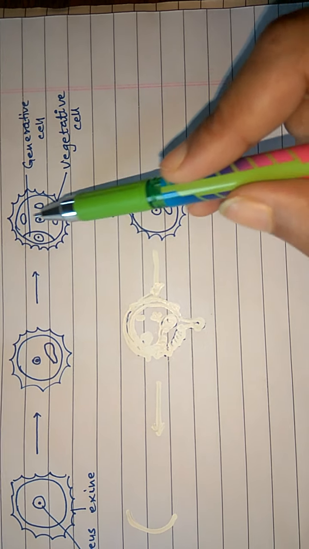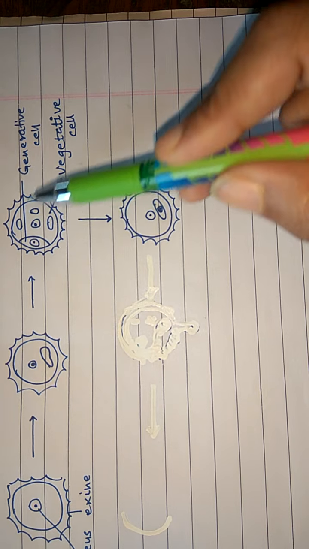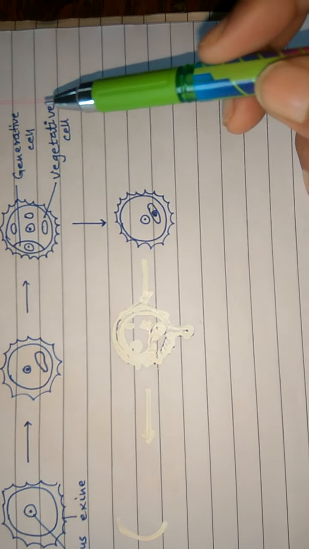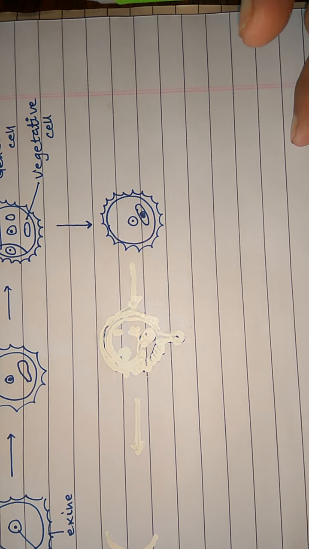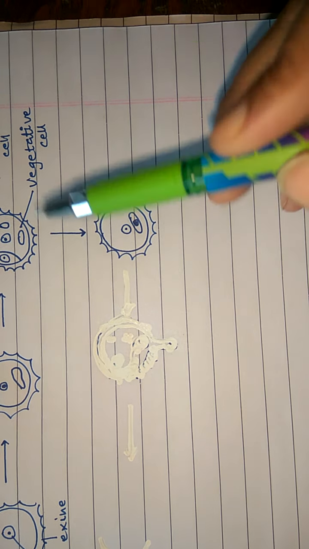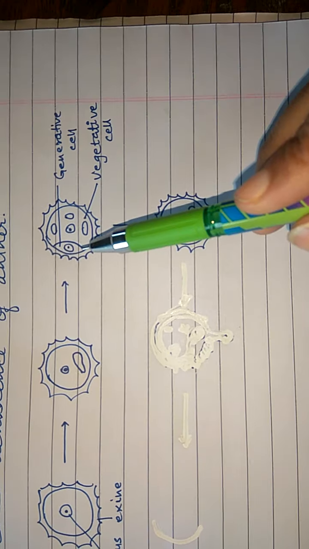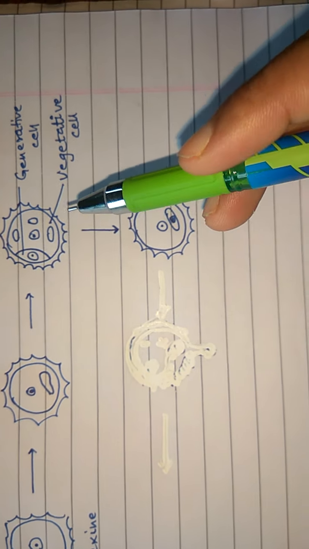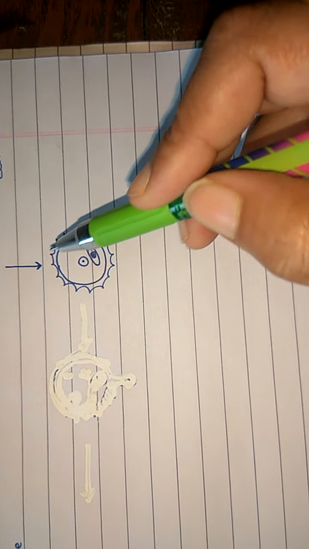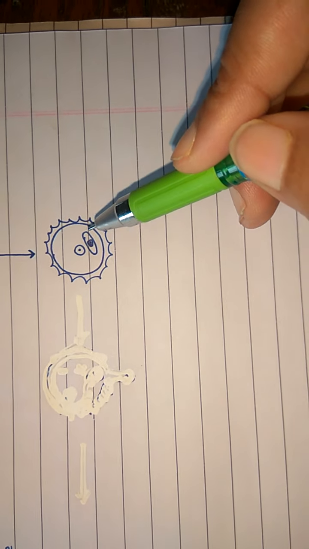This vegetative cell has a large amount of food reserve and gives rise to the pollen tube after pollination. And the generative cell floats in the cytoplasm and further forms two male gametes.